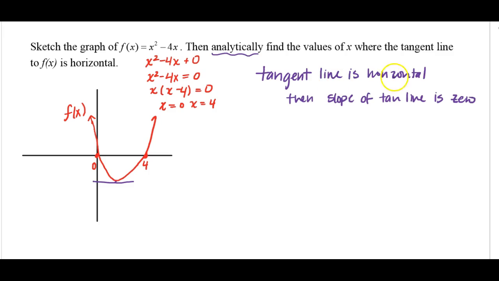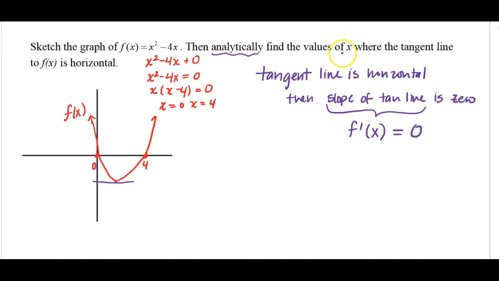Well, the tangent line is horizontal if the slope of the tangent line is 0. And now we're going to turn this phrase, slope of the tangent line is 0, into some mathematical terminology. So slope of the tangent line is the derivative, and the function is f, so the derivative is f prime of x, is, in mathematics, equals, and then of course 0 is the number 0.